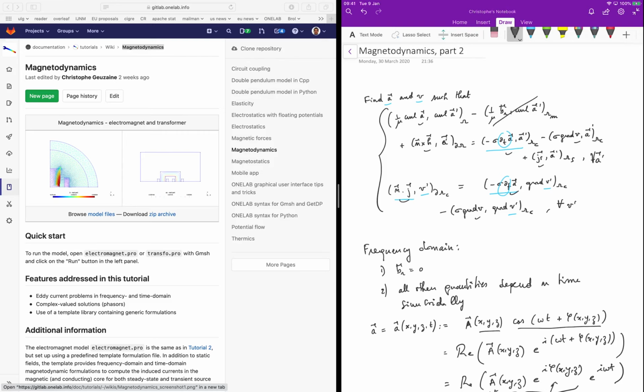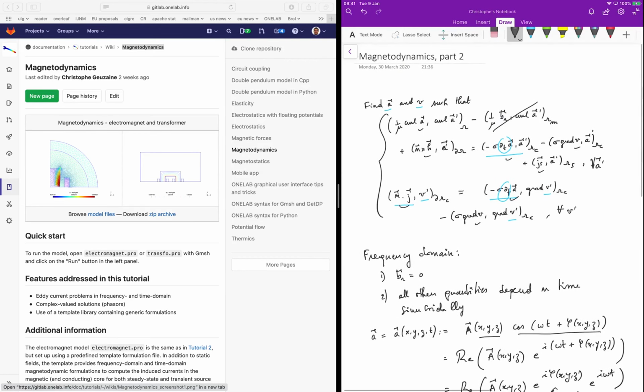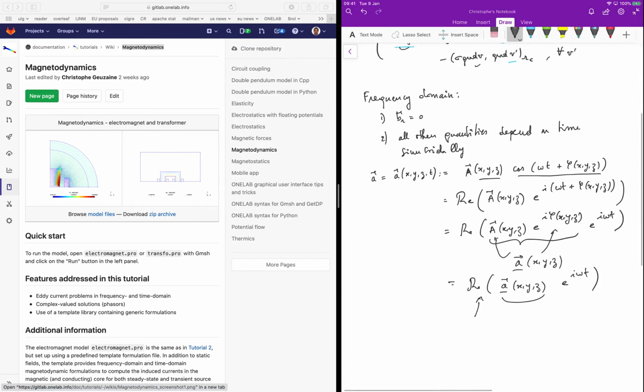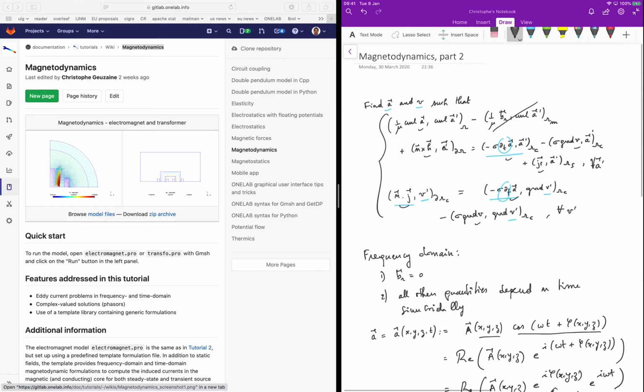So if all the quantities I can express in the same way, as a phasor field, a complex field, times e to the I omega t, then I will be able to remove it and simplify all the e to the I omega t's. Because here I have an e to the I omega t that will come out. Here as well. Here it's going to be a bit different.